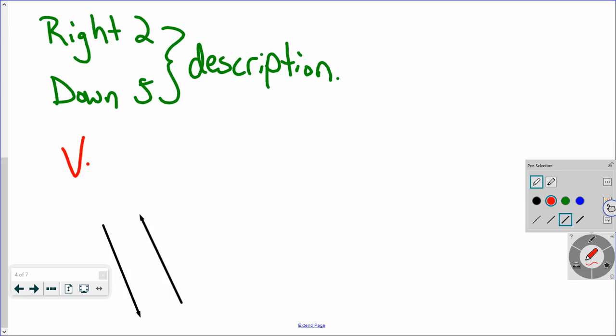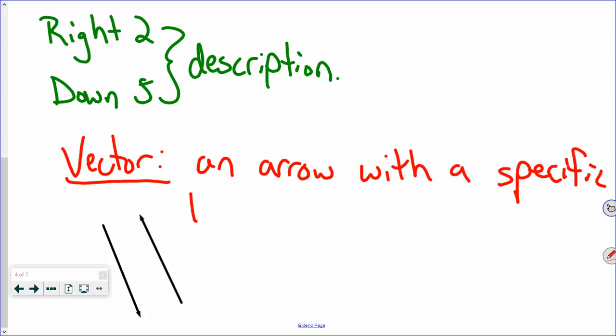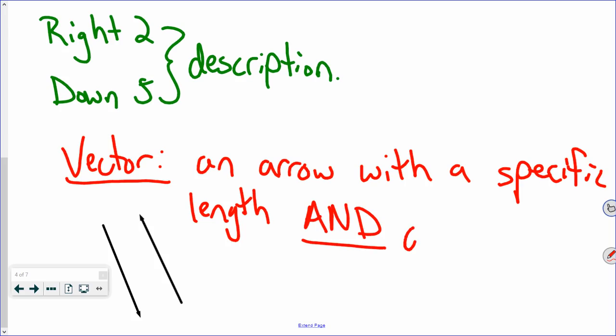So a vector is an arrow with a specific length and direction.